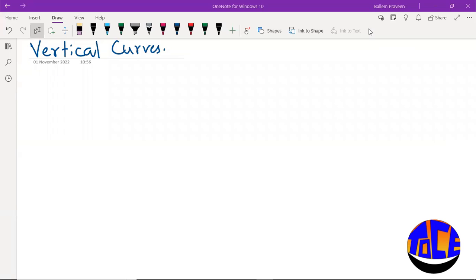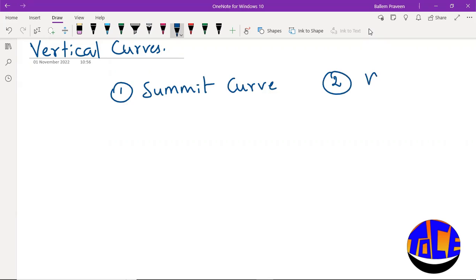Let us discuss vertical curves. Usually these vertical curves are of two types. One is the summit curve and another one is the valley curve. In a summit curve, you have convex on top, something like this.